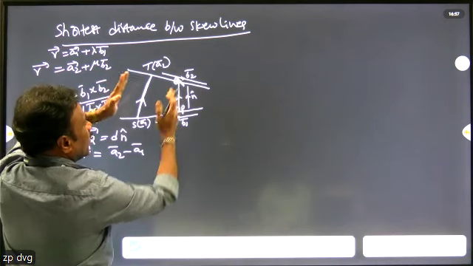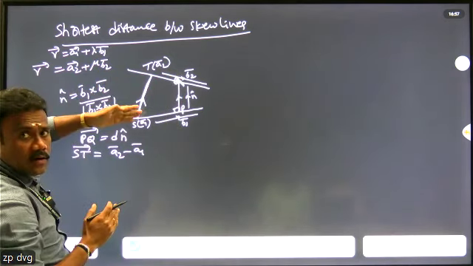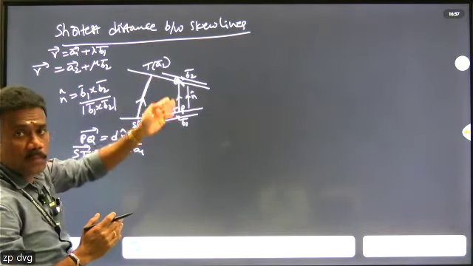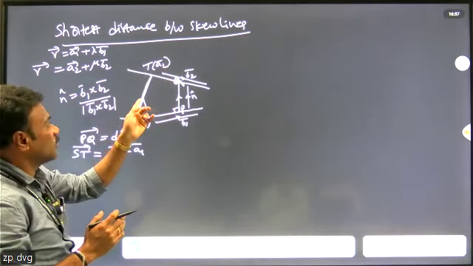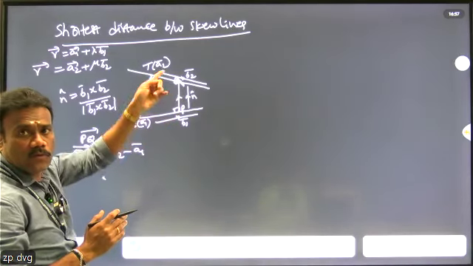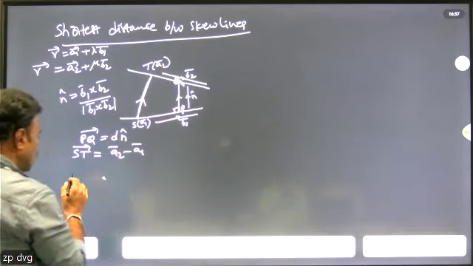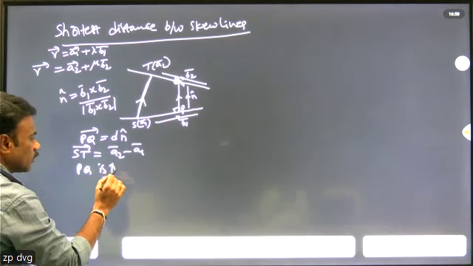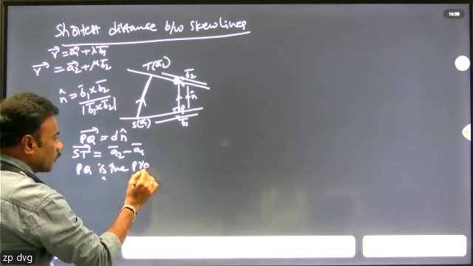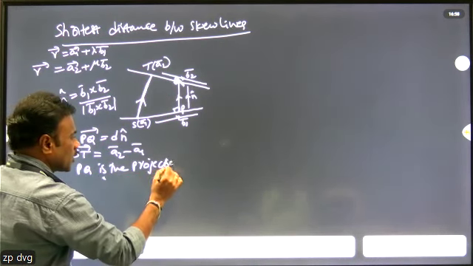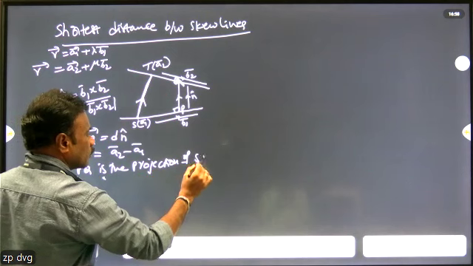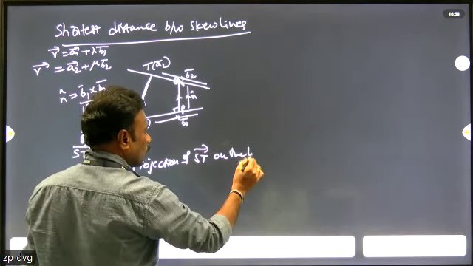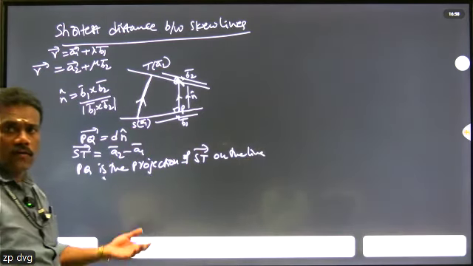This PQ is a projection of ST bar on the line PQ. PQ is the projection of ST bar on the line PQ.